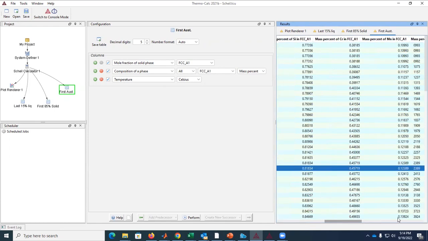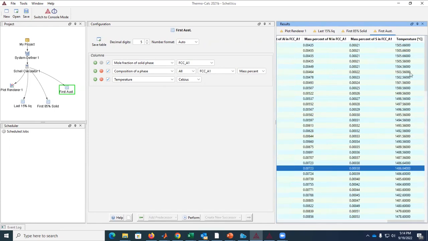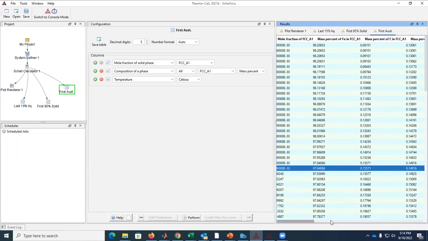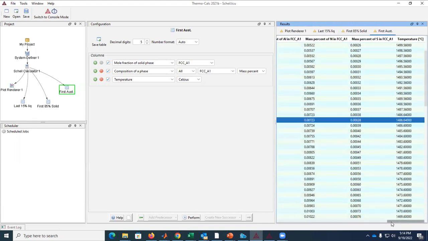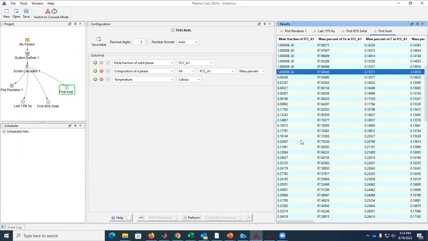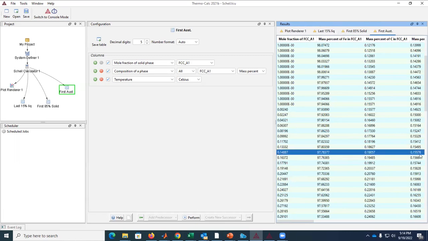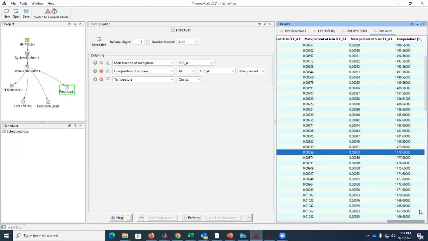As you see, as the temperature started to decrease, probably at this point I started to have a significant amount of austenite. So I can assess what the first 15% of austenite is. If I approximate, it's telling me the 15% is around this value, 0.148, and this is at 1478 temperature.